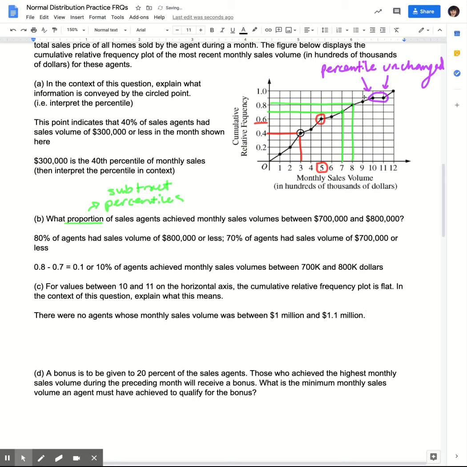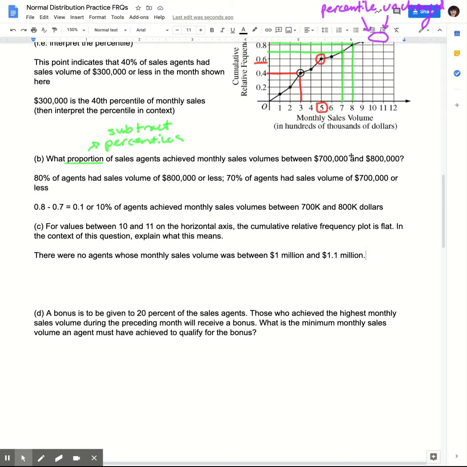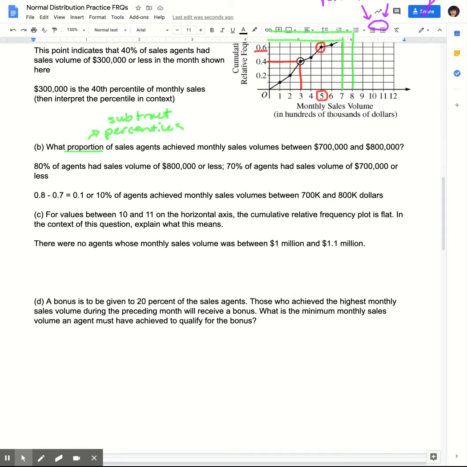Because if there were people that made between a million and 1.1 million, there would have been a slight increase, right? Because remember, cumulative relative frequency is all based on the number of people in each category, or at each level, basically. So if it doesn't go up at all, that means there was no one between those two values.